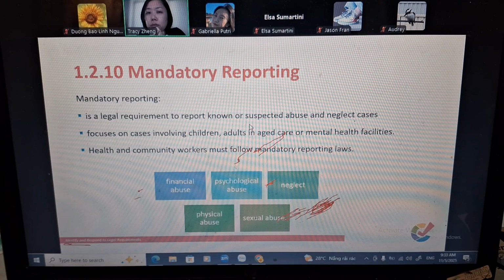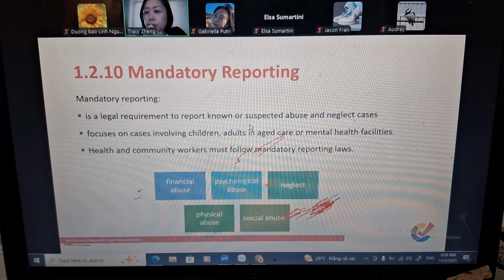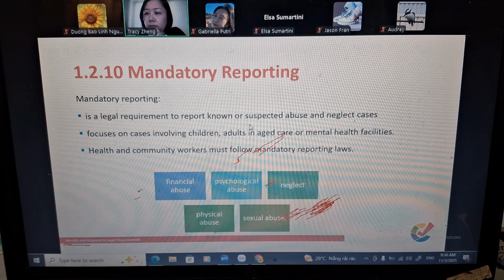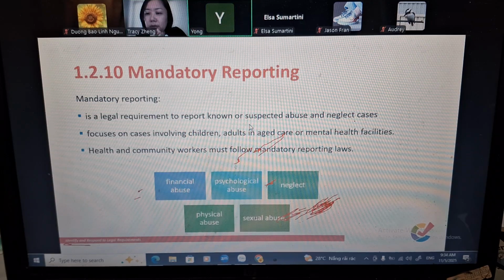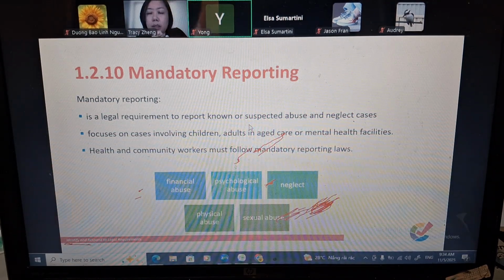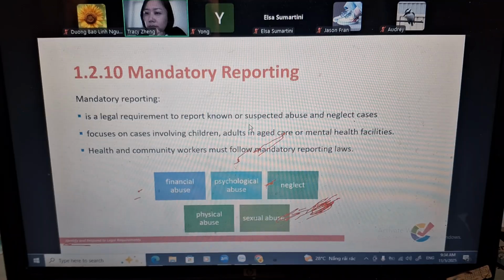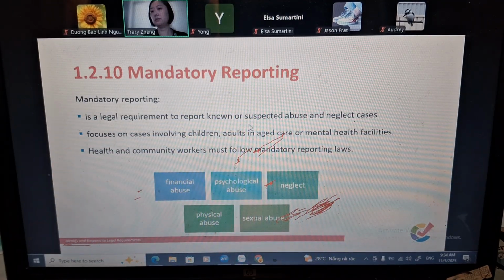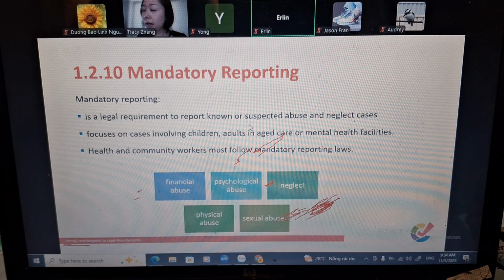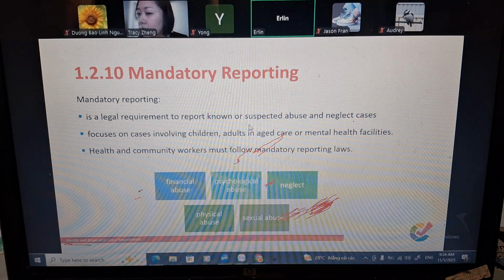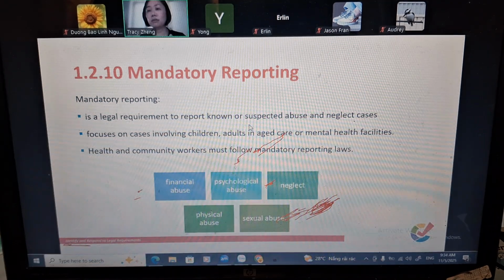How about missing residents? Do you think it is mandatory reporting? What does that mean, missing residents? They run away.